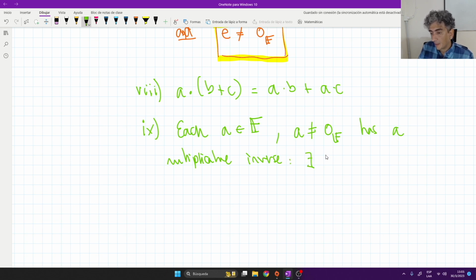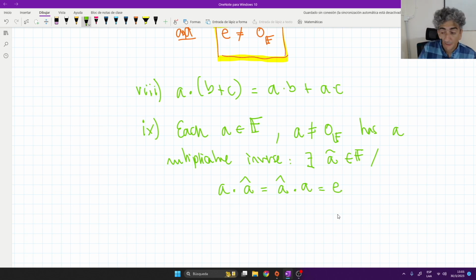That is, there exists an A hat such that A times A hat is the same as A hat times A, and this is E, the multiplicative neutral element. So what this means is that each number that is non-zero can be inverted in that field.